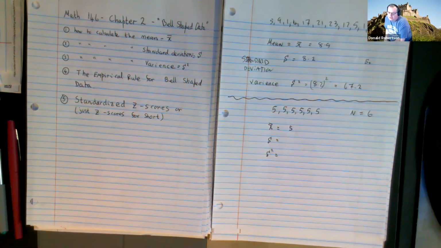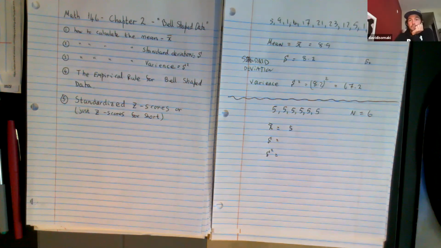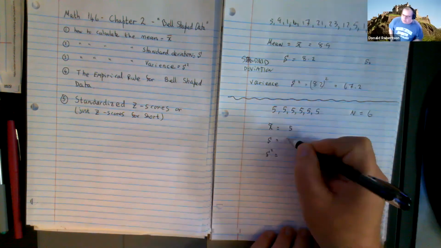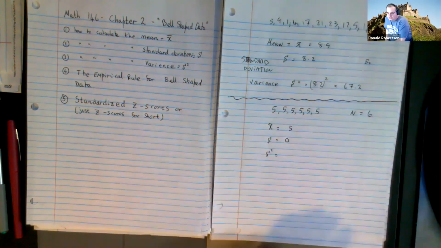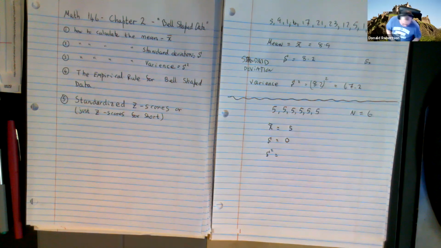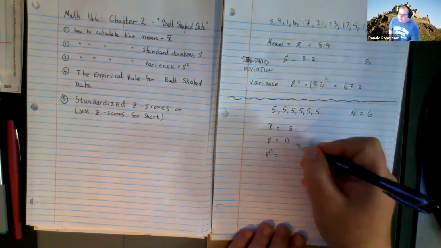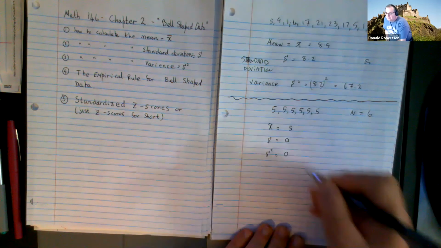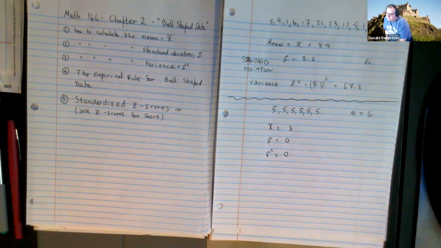What do you think the standard deviation is if all the numbers are the same number? 0. Intuitively, does that make sense? There's no variation at all there. Would you agree that all the numbers are the same? And of course, if that's 0, won't that be 0? Agreed?